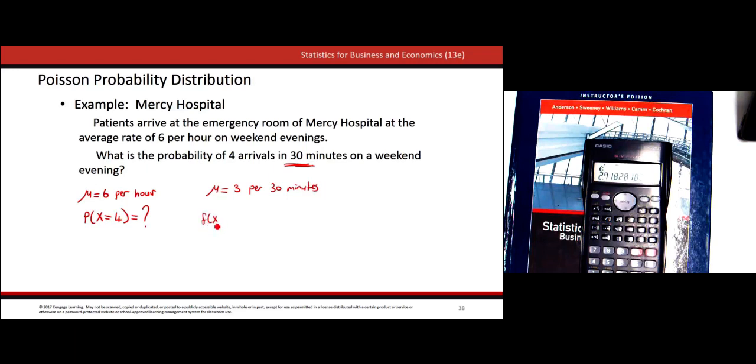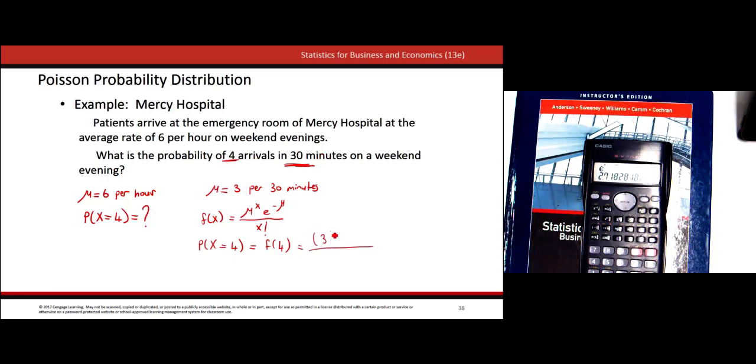Now f of x is mu to the x. So now we are calculating the 30 minutes, so then mu is 3. So then probability x equals 4. What's the probability of 4 arrivals in 30 minutes?